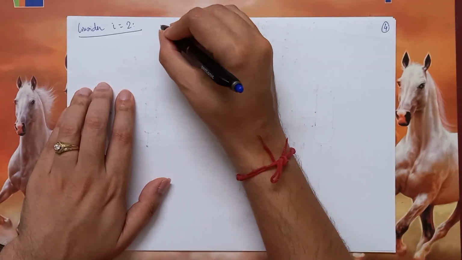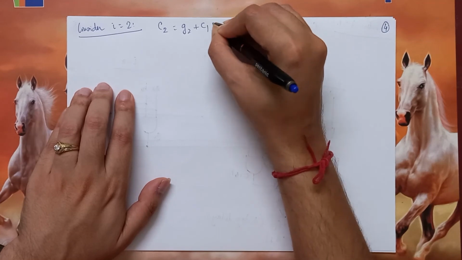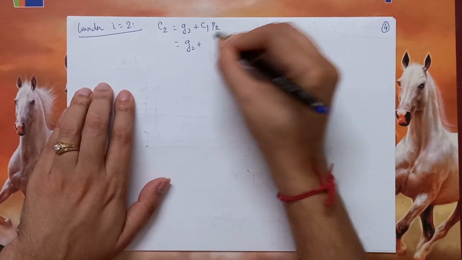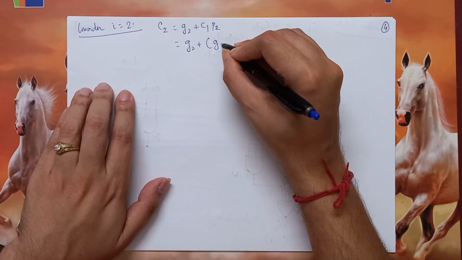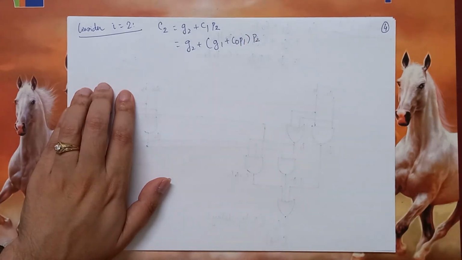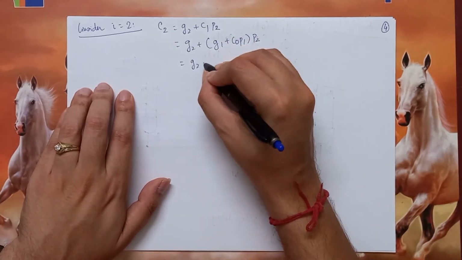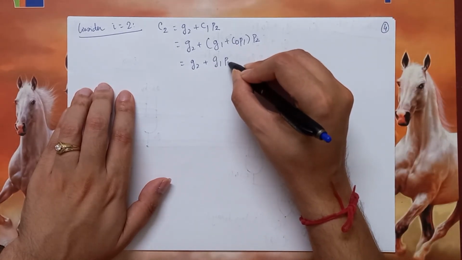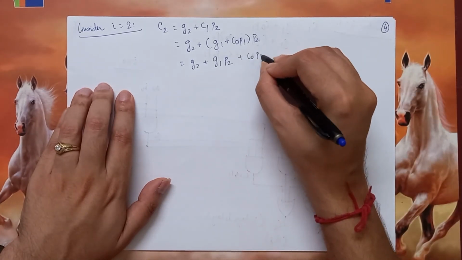So for i equal to 2, we will see C2 equals G2 plus C1 P2. Now C1 will be what? C1 I can write in terms of G1 plus C0 P1, times P2. Again in a recursive manner I can write C0 also. First let me open this term up: G2 plus G1 P2 plus C0 P1 P2.